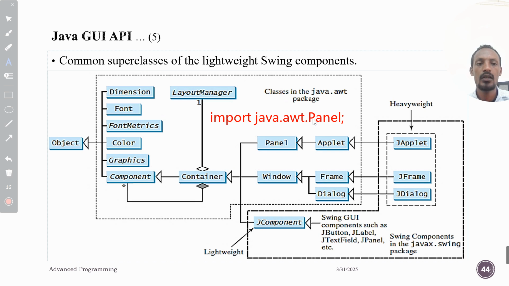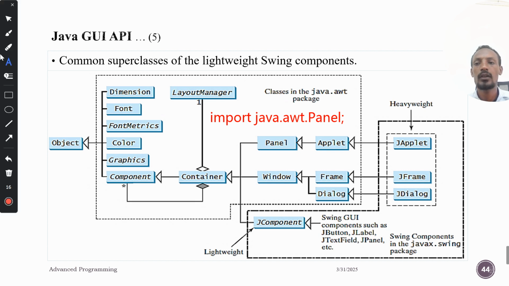What makes Swing lightweight is the components extended from AWT. So for the J components, the Swing GUI components such as JButton, JLabel, JTextField, JPanel are available in the javax.swing package.